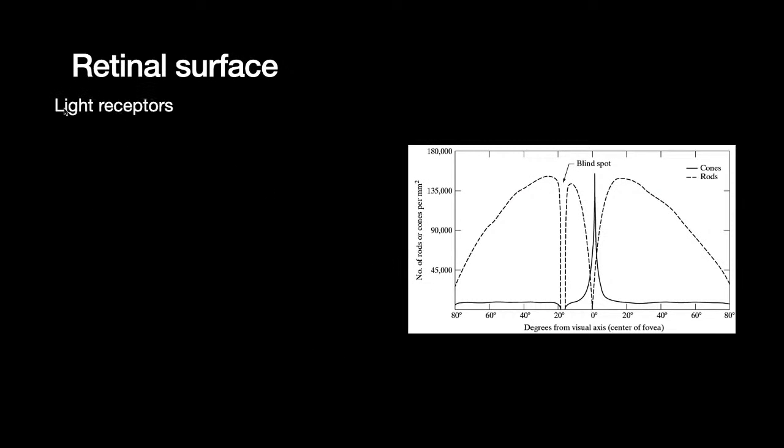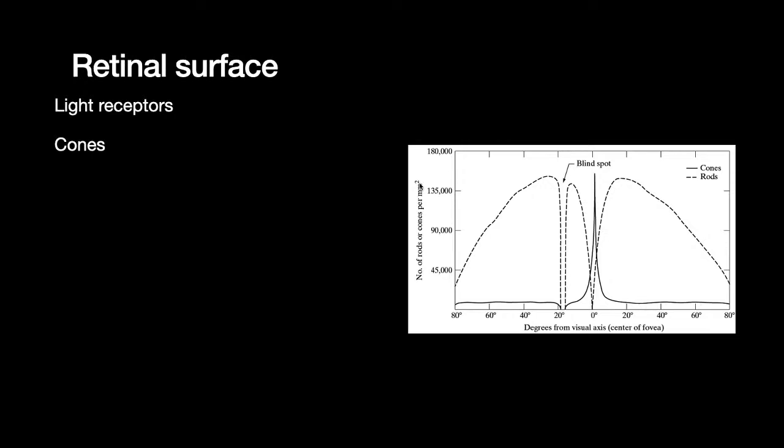So, light receptors, and there are two types of light receptors as you know from your basic biology class, rods and cones. So let's discuss cones first. In this diagram, the cones are shown by solid lines. On this axis, it is the number of light receptors, that is rods or cones, per millimeter square. So imagine how tiny 1 millimeter is.